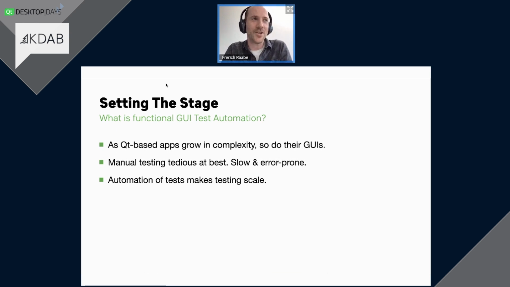The idea with automation is that you manage to express the sequence of interactions to be applied to a user interface, as well as the expected outcome, in a way which can be processed by a software tool. And the software tool can then automatically drive your user interface and automatically verify that it behaves as expected. One of the main benefits is that this is a lot faster.